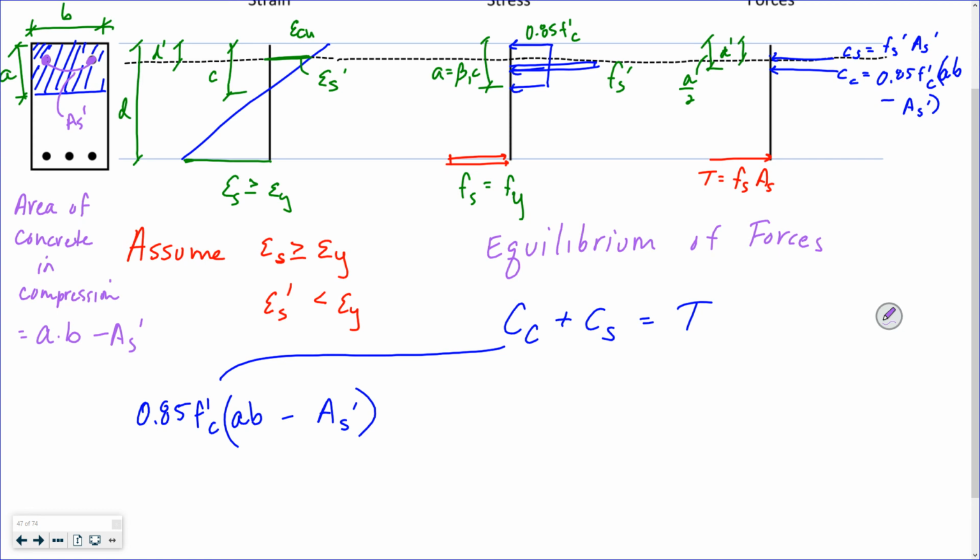Just like when we were doing the triangular section, I had to calculate the area. My area now is a rectangle, a times b, but I have to subtract out that compression reinforcement. So that is what this is doing, a b minus A_s prime.